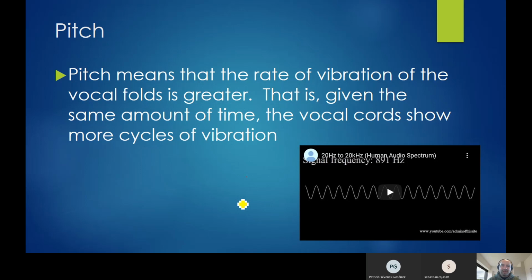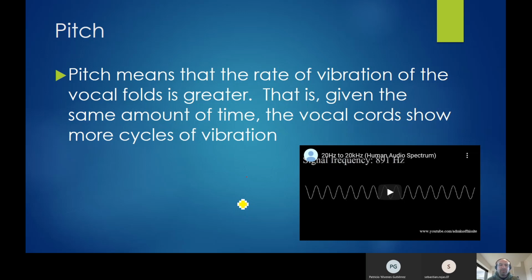So in general, for example, we can see that men in general have a low deep voice, the vibration is slower, as when you hear someone like a woman or a child that has a higher pitch voice. So the vibration of the vocal cords is rapid. So that has to do with vibration and pitch.